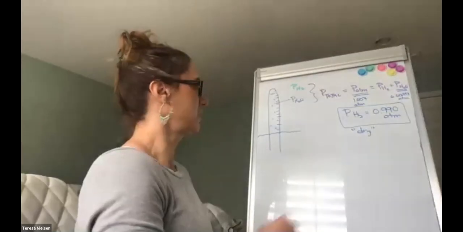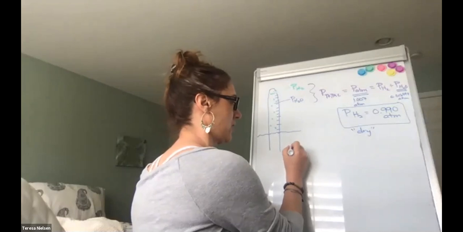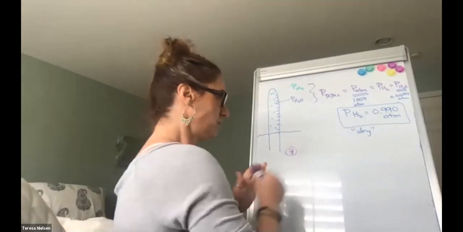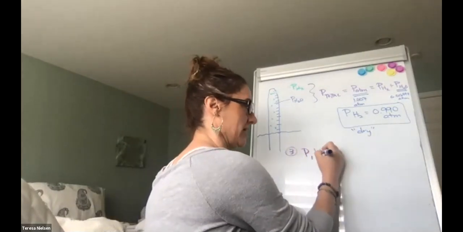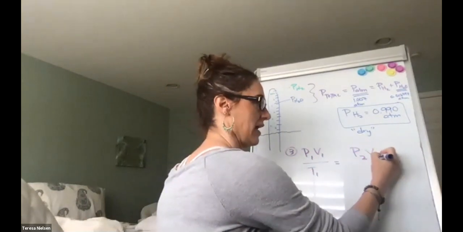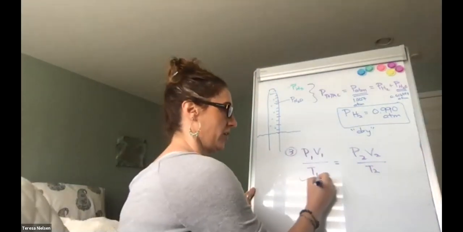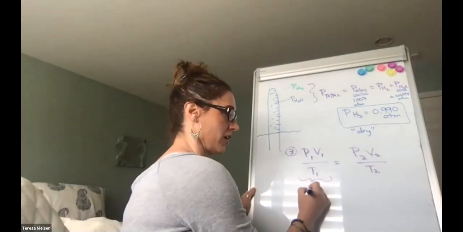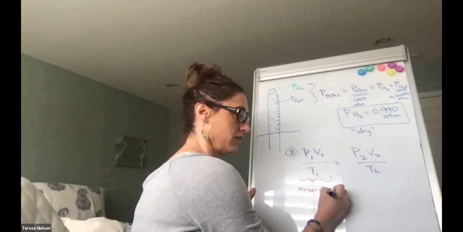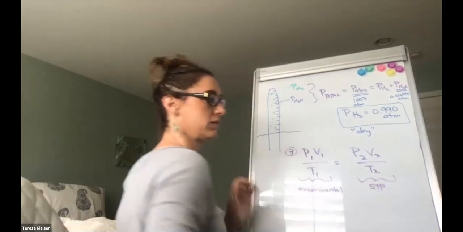All right, and then question number 3 is a little tricky. So let's just quickly talk about question number 3. Question 3 asks you to use the combined gas law, where essentially the initial conditions are our experimental conditions, and the final conditions are at STP.